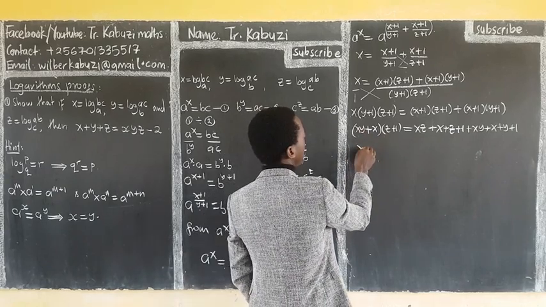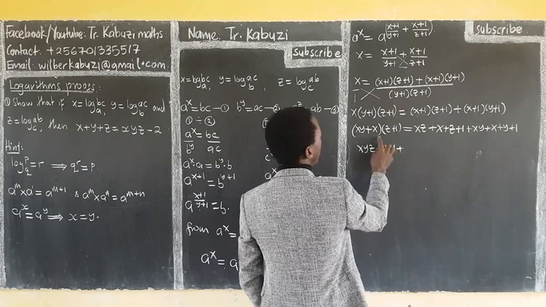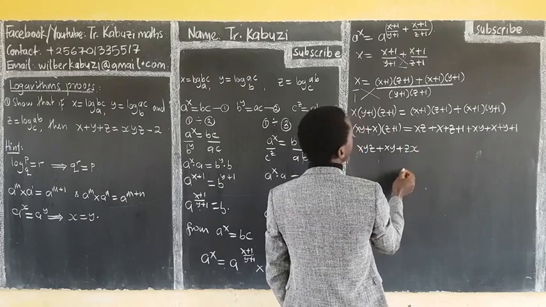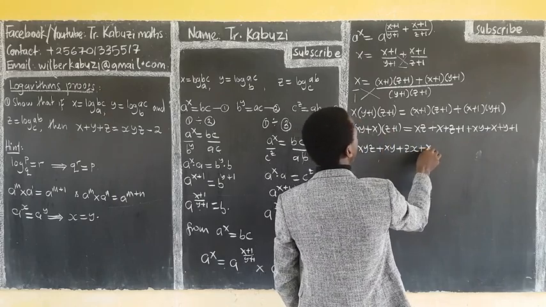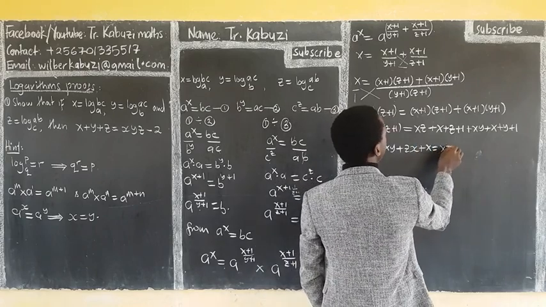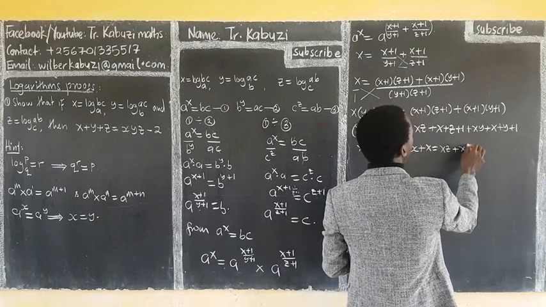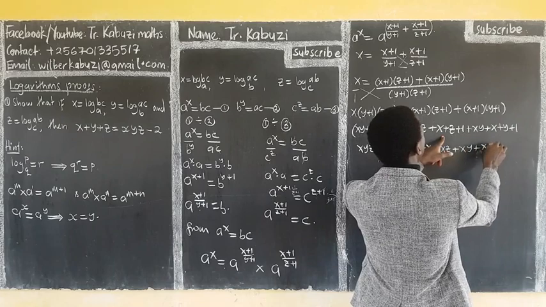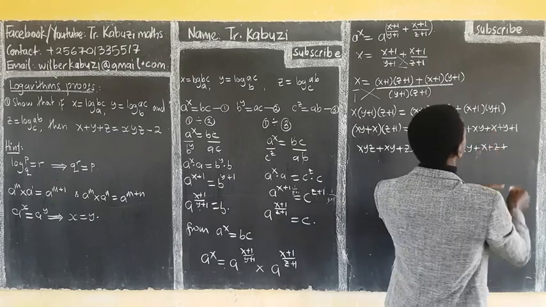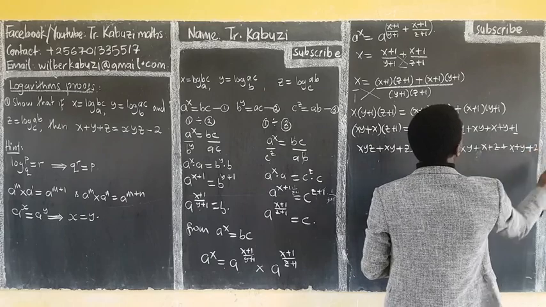This times this we get xyz, this times this xy, xz, or zx for xz, then this times this get x, equal to what we have this side. We have xz plus xy plus x plus z plus this x plus y, then plus this one and this one get 2.